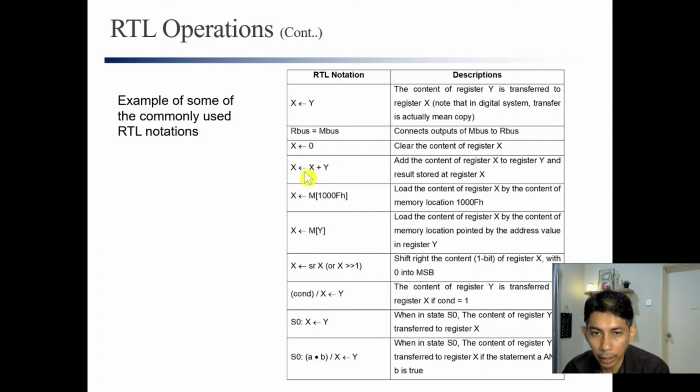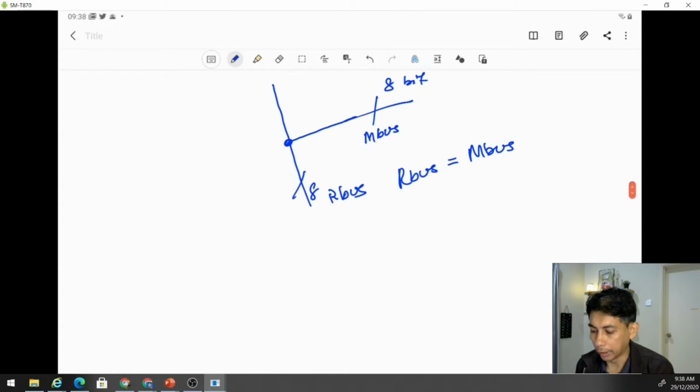What if we want to add the content of register X to the content of register Y, and the result of this add operation is saved in register X? So this will be something like this.